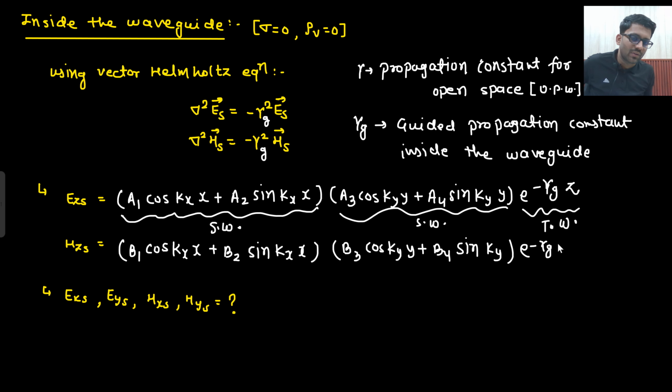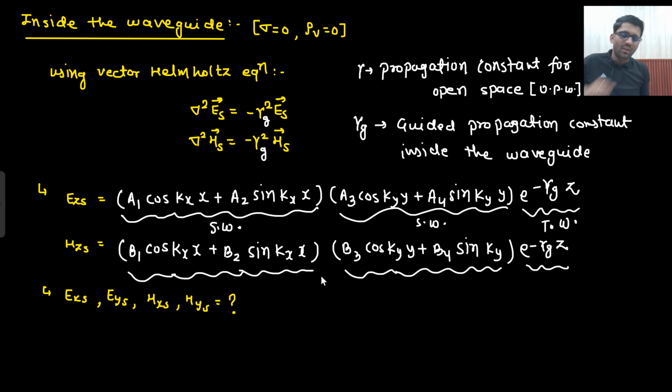E to the power minus gamma g z. So same goes here. This was your traveling wave, this was your standing wave, and this was your standing wave. This expression you do not need to mug up. You just need to know that if the wave is traveling in a waveguide, then it can have EZS, EXS, EYS, or HZS, HXS, and HYS.